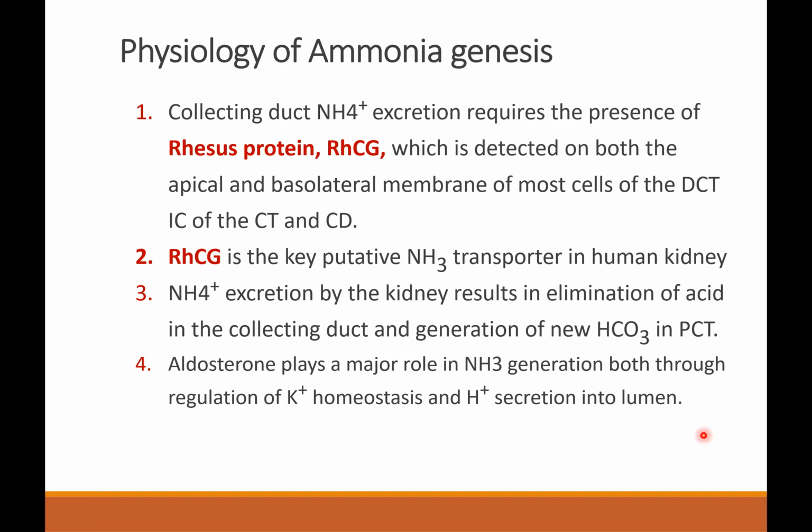Aldosterone plays a major role in ammonia generation, both through the regulation of potassium homeostasis and through hydrogen secretion into the lumen. For ammonia secretion there must be a special protein called the RhCG protein, and this is present in the distal convoluted tubule and the collecting ducts and collecting tubules, both on the basolateral membrane and on the apical side.